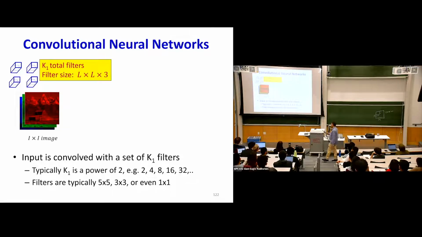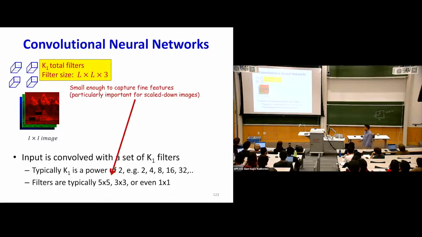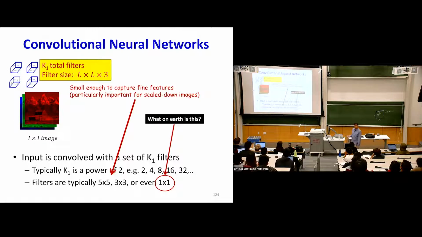The number of filters typically is chosen to be a power of 2 for various historical reasons. It kind of works. And the filter widths are typically 3 cross 3, 5 cross 5, or even 1 cross 1. You want these to be small enough to capture fine features, particularly if you're scaling images down. But what is this 1 cross 1? Does anybody remember what this could be?